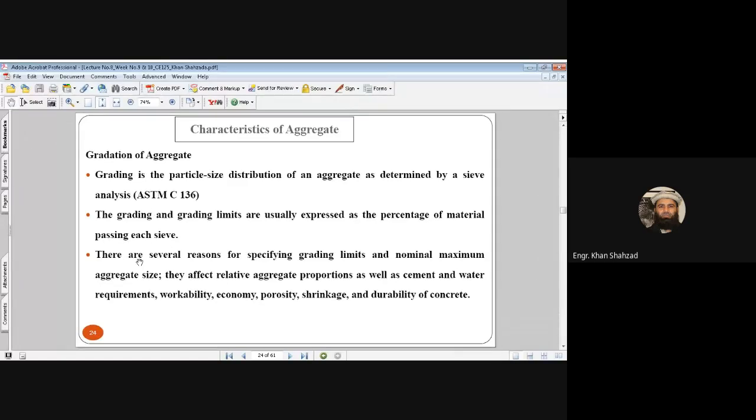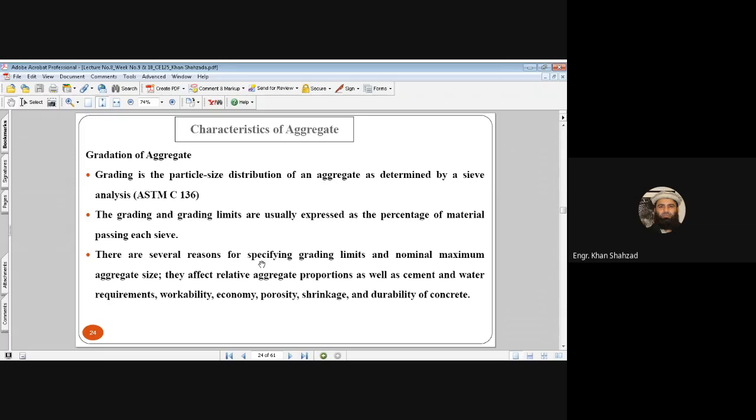There are several reasons for specifying grading limits and nominal maximum aggregate size, because they affect the relative aggregate proportions as well as the cement and water requirements. It also affects the workability, economy, porosity, shrinkage, and durability of the concrete. So that's why we need to use well-graded aggregates.